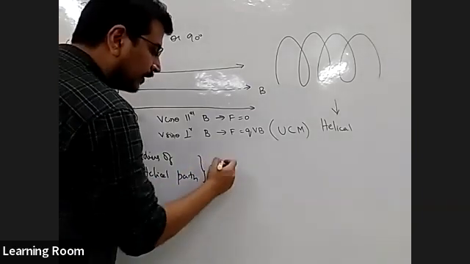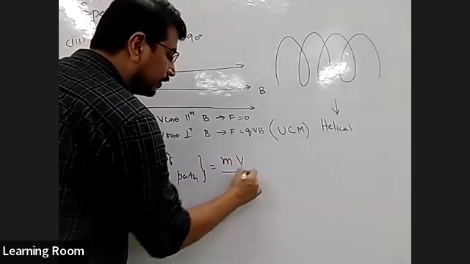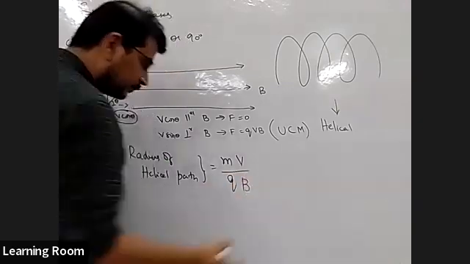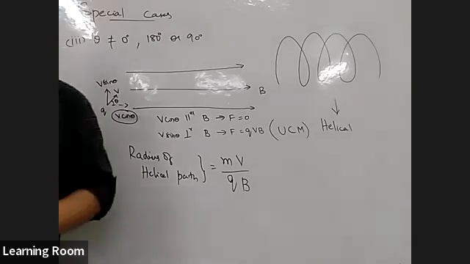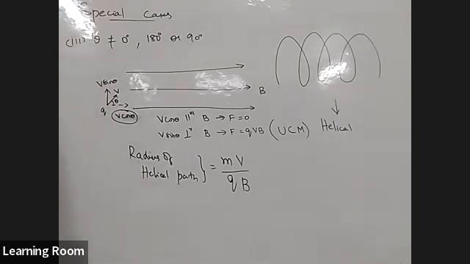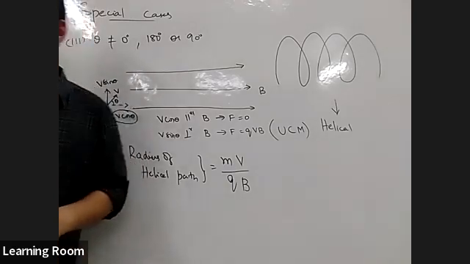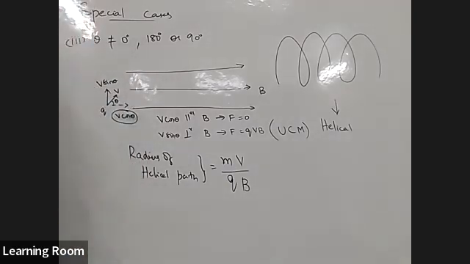So, if you look at the previous formula, we had mv divided by qB, correct? So, here can I use the formula mv divided by qB? I cannot use it. Rather, I can use it if I make a small modification. What is the modification I need to make?